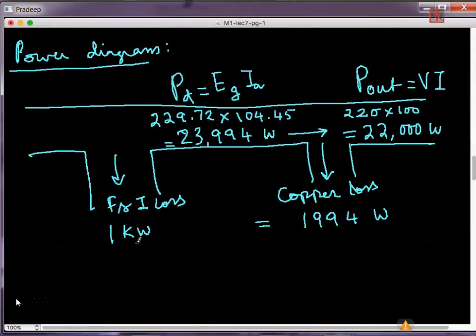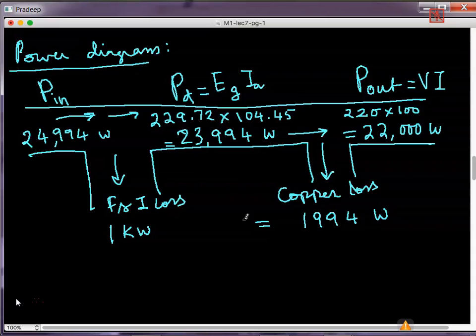And if I add 1 kilowatt, this will be 24,994 watts as my power input, or the power delivered by the prime mover. So input power is this much, out of that 1 kilowatt is lost, power developed is this much, out of that 1994 watts is lost, and finally the output is this one.